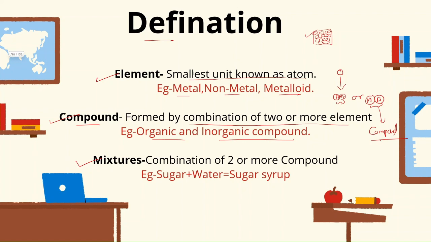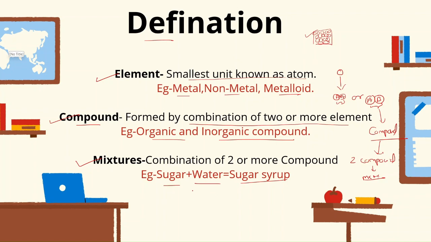Next, after the compounds, when two compounds combine, we get what? A mixture. For example, sugar is one compound, water is another compound. When they combine, you get sugar syrup. That is a mixture.